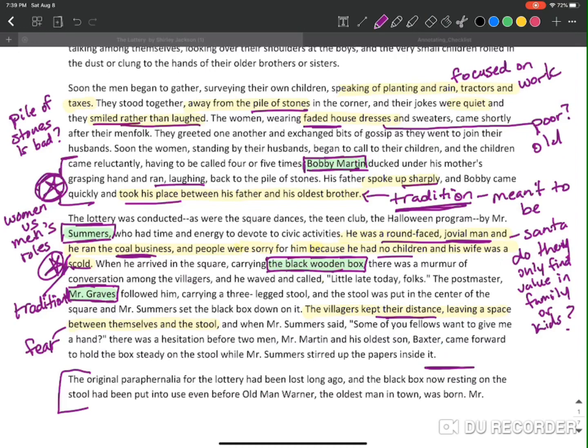And I would actually go back up. Now, obviously, if you can't erase, that's fine. But where I wrote this pile of stones is bad, I would come back up here and I would make a remark about fear. Because fear is a subject that could ultimately turn into a theme.